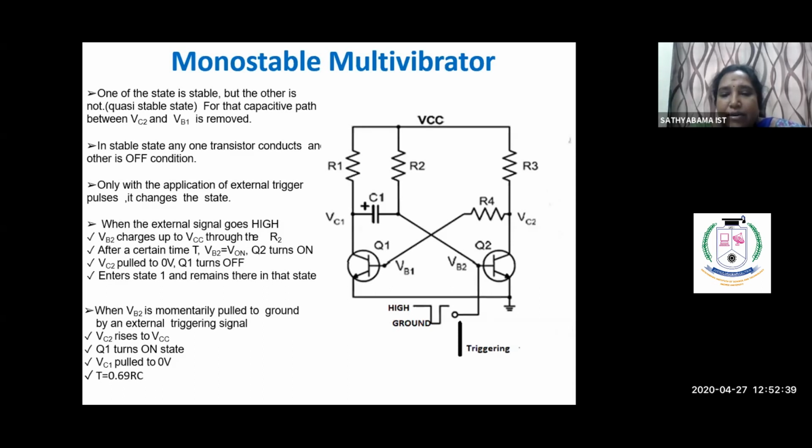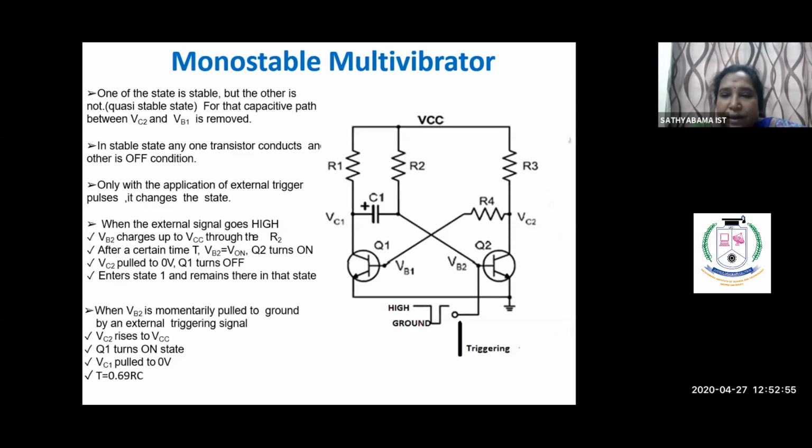How do we switch to the next state? Again look at this triggering pulse. Now we take VB2 pulled to ground by the external triggering.